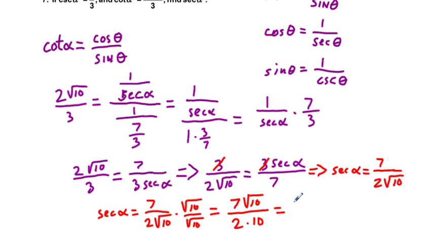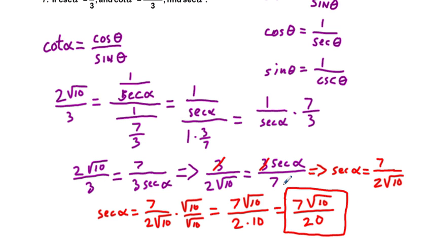So we're going to end up with 7 square root of 10 over 20. And so that's going to be our answer. Now again, really, an unrationalized answer to me is also a pretty good answer.